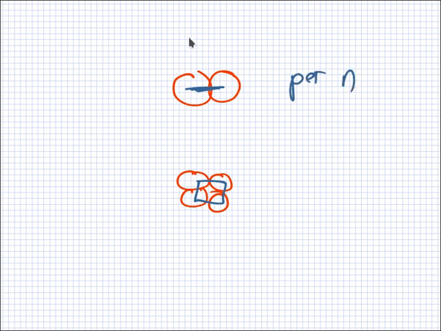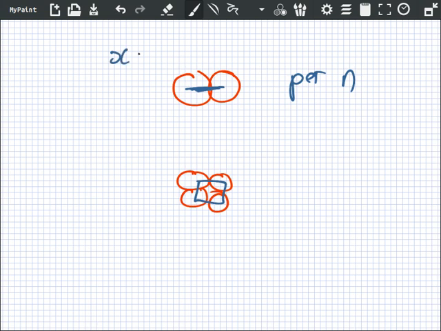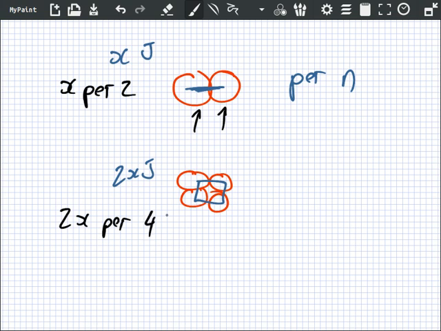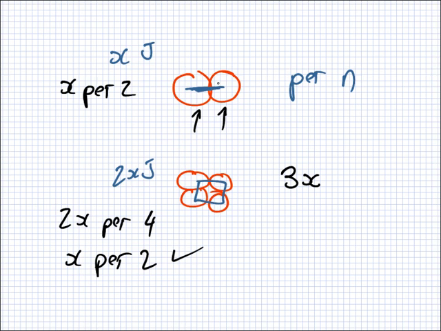So for example, let's just say this is x joules and this is 2x joules. Well, this one is x per 2 of them, and this is 2x per 4 of them, which is the same as x per 2. So that's okay. But if I said this needed 3x, well then it needs much more compared to the original.